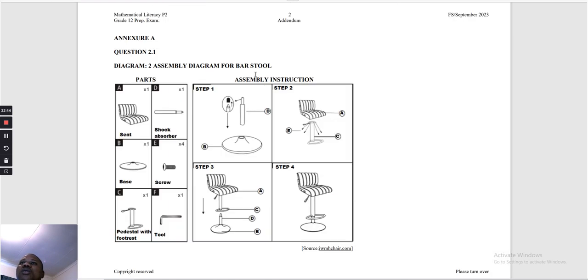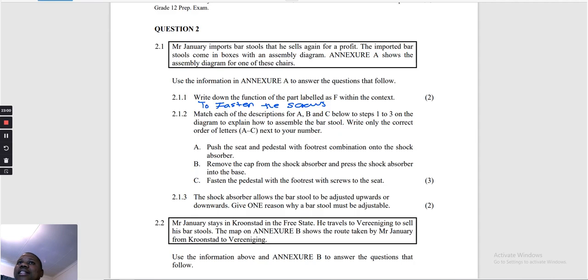So when you look here, they are talking about this step, the way I was just explaining. Push the seat with pedestal with footrest to the shock absorber. So that is step number 3. So A is step 3. Then let's go to B.